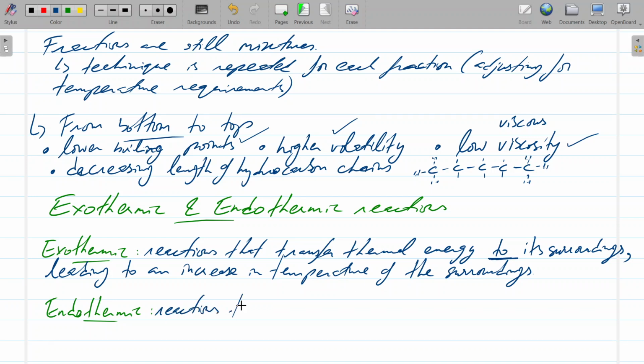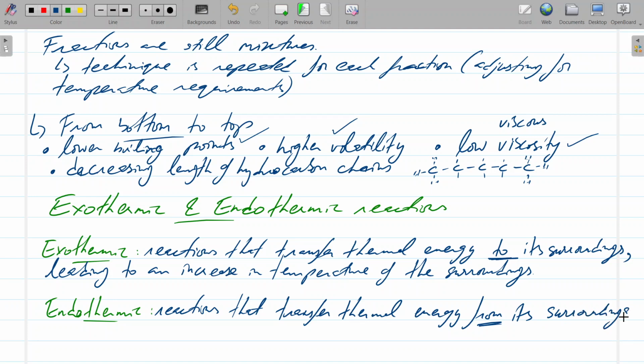And so reactions that transfer thermal energy from, the keyword is from our surroundings, which means it's taking in, leading to a decrease in the temperature of the surroundings.